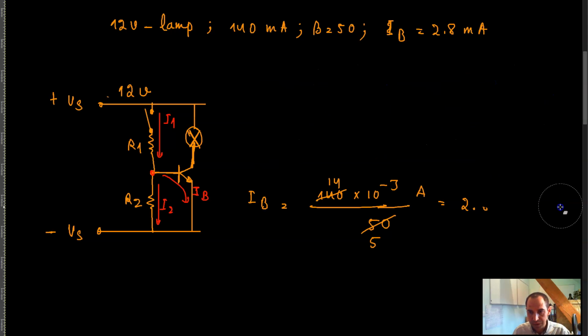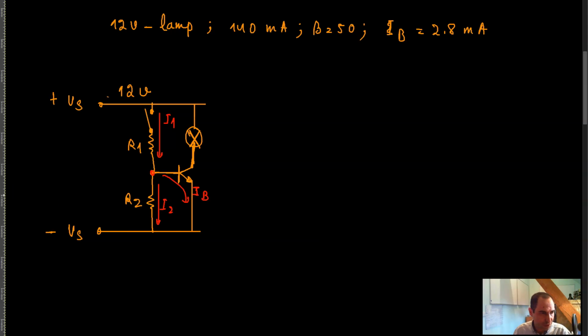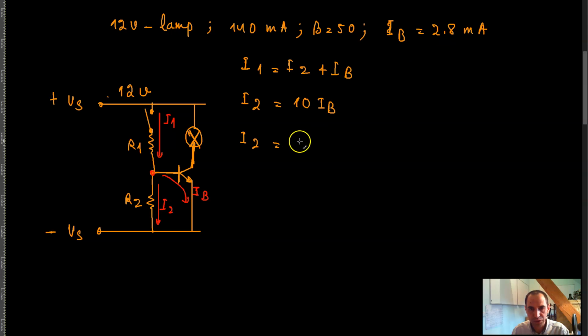And since now we know our base current, we can calculate I of 2 here. In this circuit we know that I of 1 is the same thing as I of 2 plus I of B, and I take I of 2 arbitrarily as 10 times I of B, and therefore I of 2 would be equal to 28 milliamps.